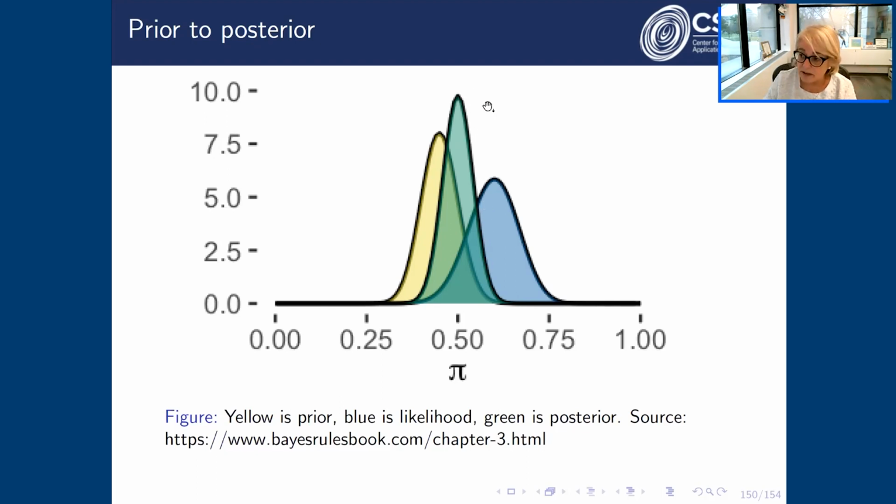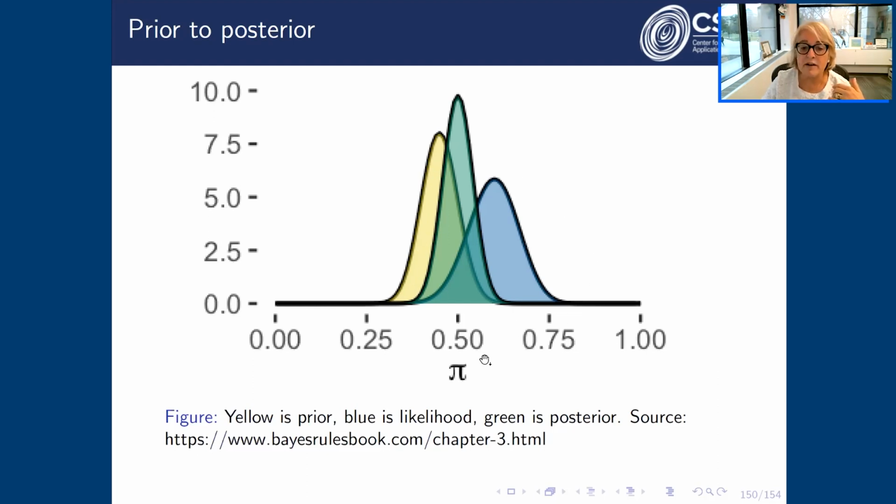The posterior is always a compromise between the prior information and the data information. And how much each source of information contributes to the posterior depends on the sample size. The larger the sample, the heavier the influence of the data information will be compared to the prior information.